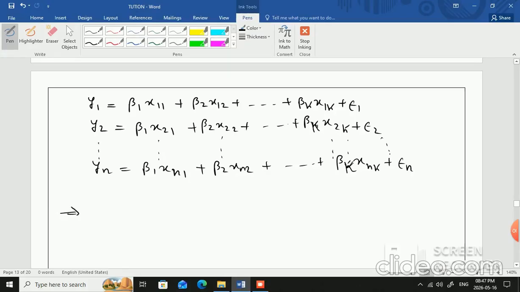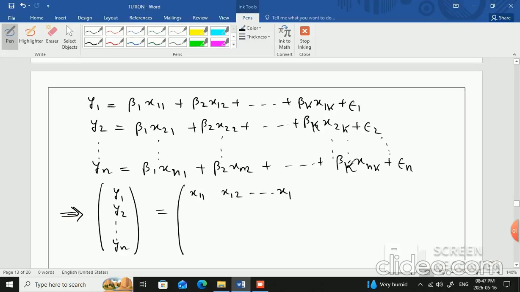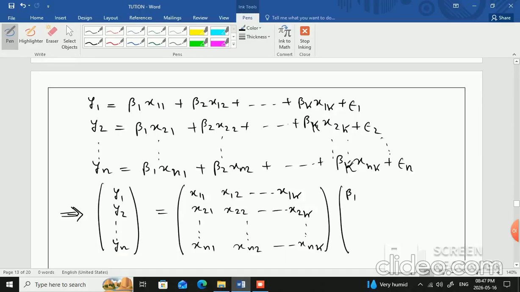In that way we get the n-tuple matrix. The n-tuple matrix will be y1, y2, yn. It is the study variable matrix. And the observation matrix is x11, x12, x1k, x21, x22, x2k, xn1, xn2, xnk. And the parameter matrix is beta1, beta2, beta k.